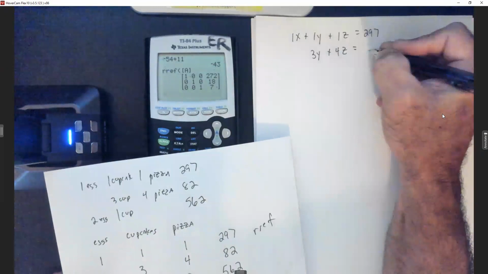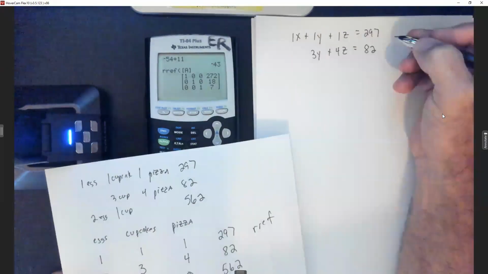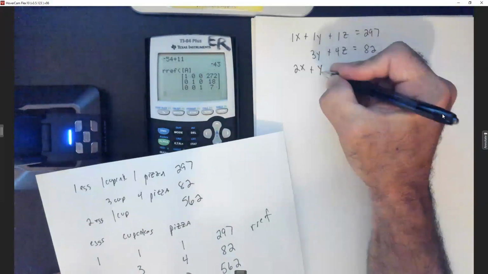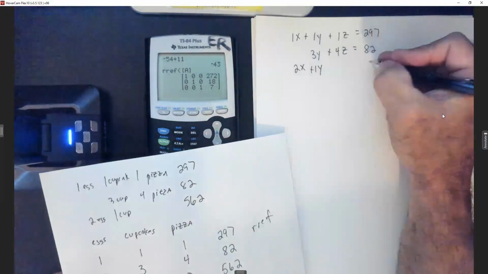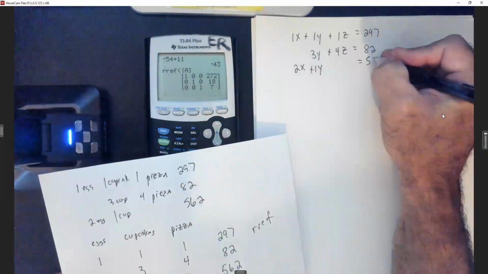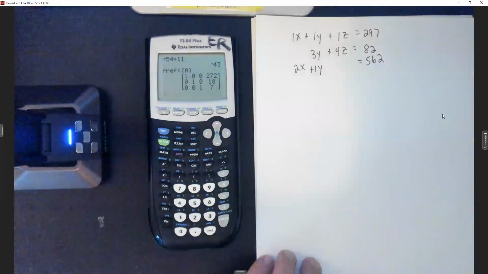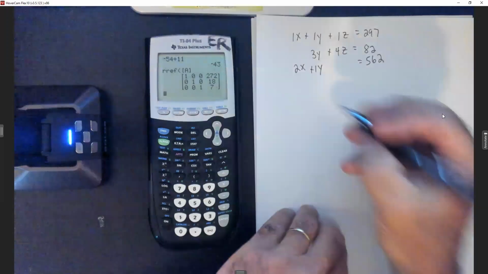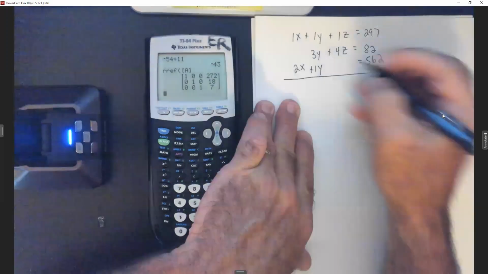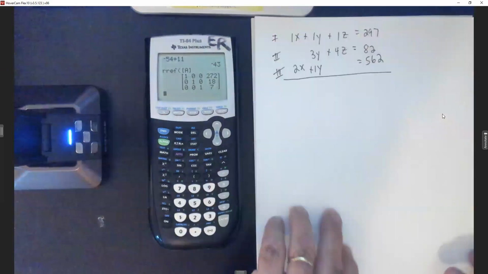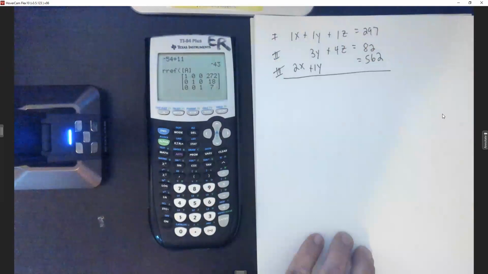And then I had 2x plus 1y equaled 562. So let me do this one by hand. So I've got 1, 2, and 3. Now, you'll like what I'm about to do to this one.